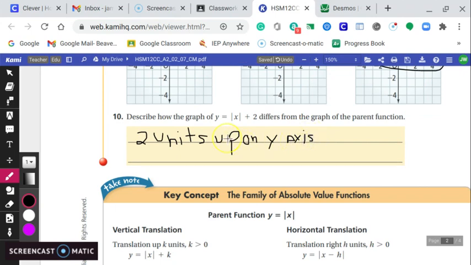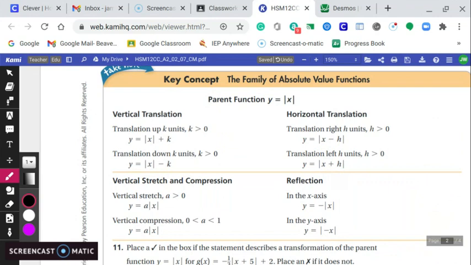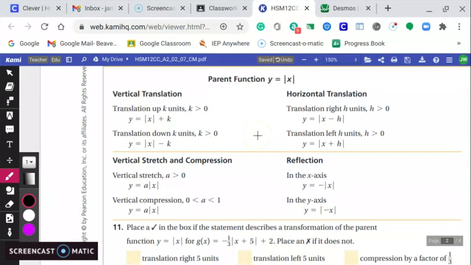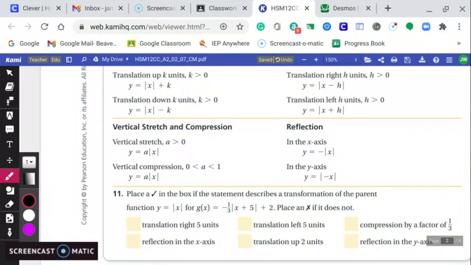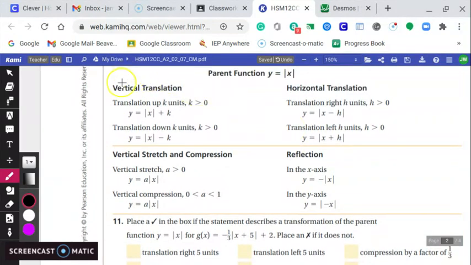Okay, key concept. This is the whole translations, and we're going to talk about this more when I get back. But the key concept is the vertical stretch and compression and reflection are big important things. The vertical translation and the horizontal translation are also big ideas, which we're going to talk about a little more.